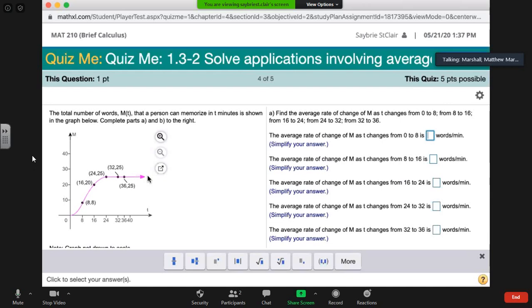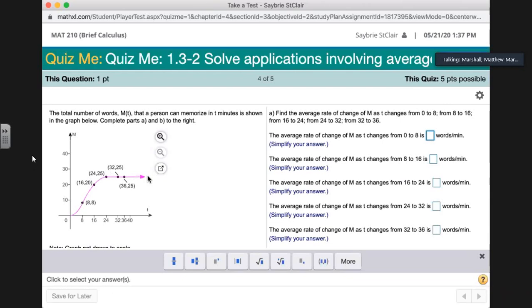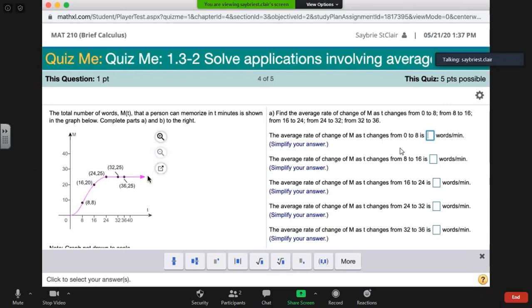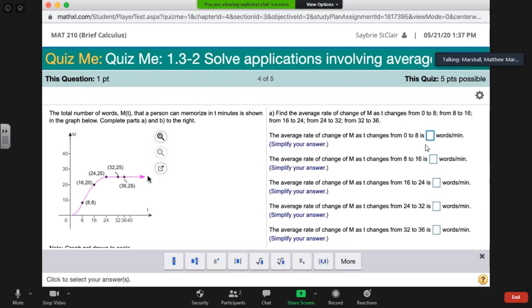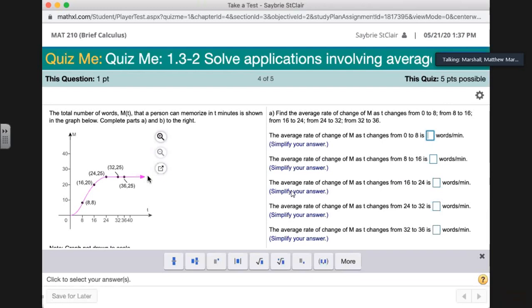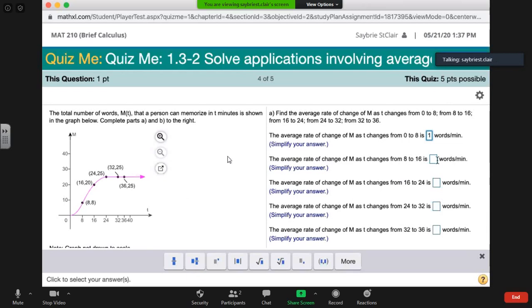Alright. So again, those are just rates of change, right? Yep. So 8 divided by 8 should be one word per minute right there. The next one, 8 to 16, looks like 20 minus 8, right?